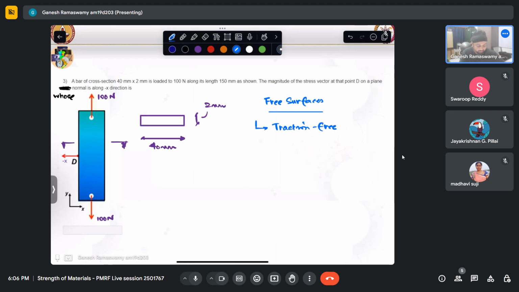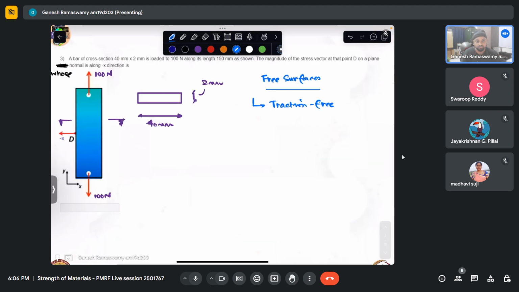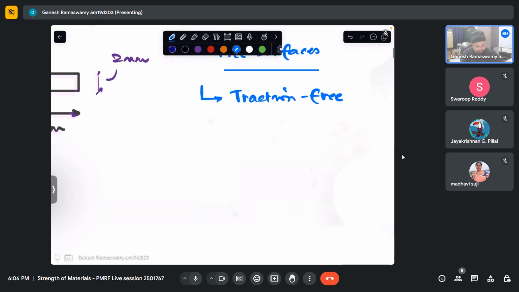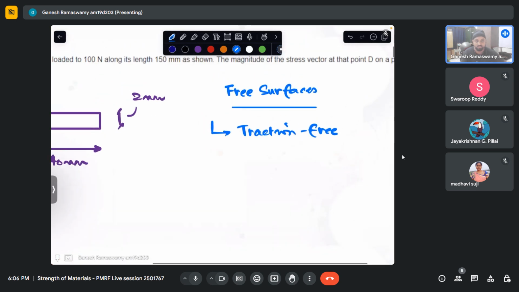We saw traction can also be denoted as a stress vector. If I say stress free, then it might be a little more confusing whether it is the scalar component that is free or the tensor is zero or the stress vector is zero. That is why I'm using the special term traction, which is just the other name of our stress vector.